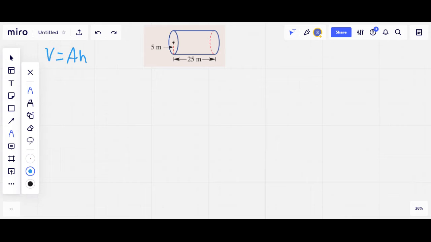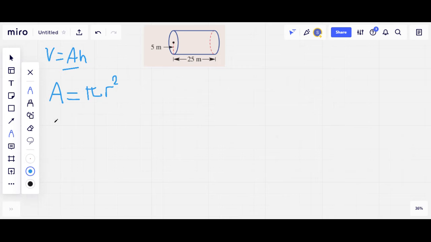So a cylinder uses the same formula, but this area part is slightly different. For a cylinder, our area is the area of a circle. So A equals pi r squared.